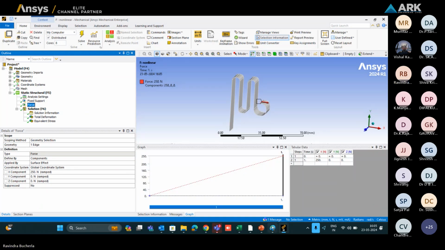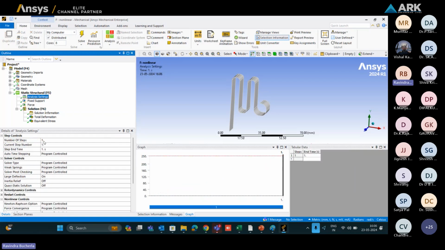That means at time 0, the force that we are applying is 0. When it reaches 1 second, the force applied is 250 newtons. You can see this graph from 0 to 250 newtons and 0 to 1 second. So we are applying the force linearly from 0 to 1. We are considering only one time step, that is 0 to 1, and we applied a force of 0 to 250 newtons here.